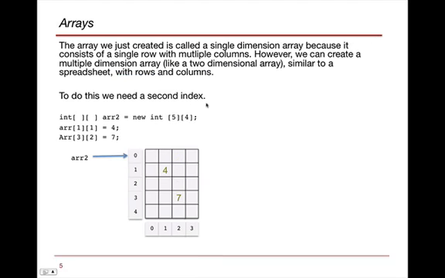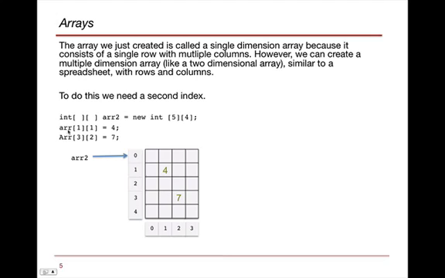What we've done before was just create a single dimensional array. It basically consists of one row with multiple columns. However, we can do a multiple dimension array, and the way we do that is we say that the ARR2 variable is going to have 2 dimensions denoted by the 2 sets of open brackets. We then use the equal sign to create the memory location, which says new int 5 4, creating 5 rows, 4 columns.